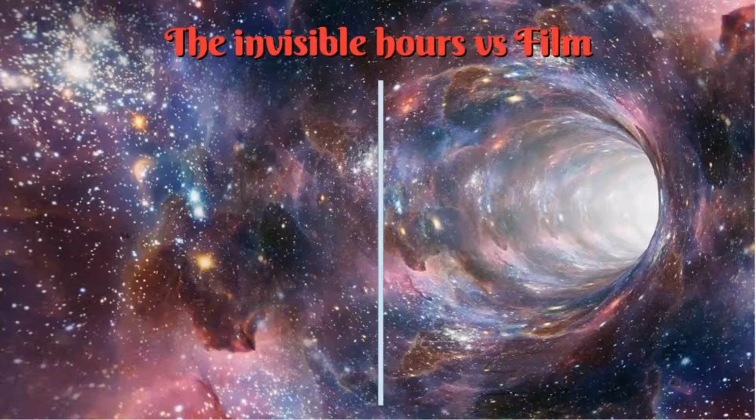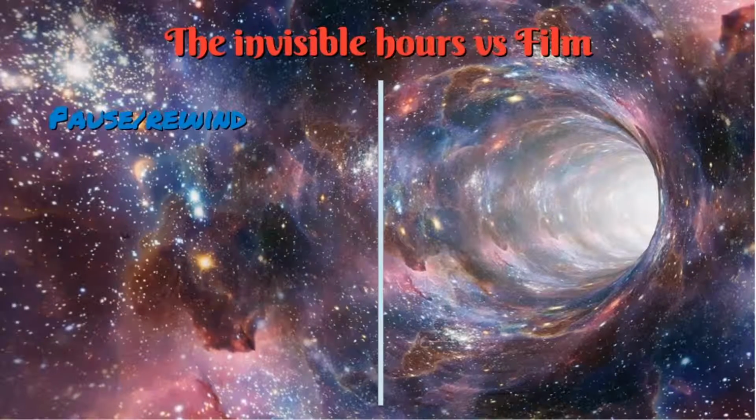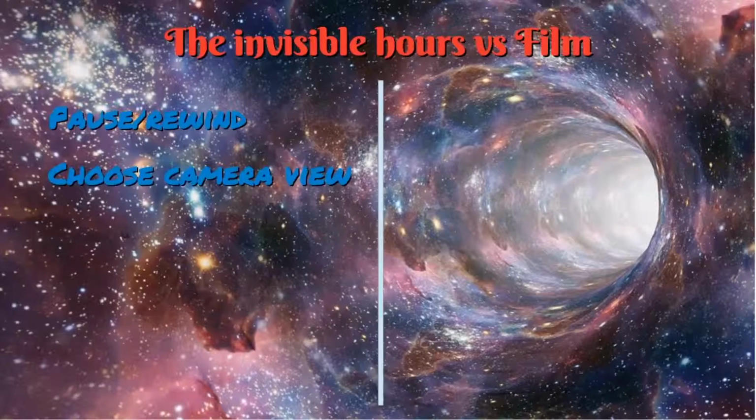Now let's compare The Invisible Hours with a real movie. Within The Invisible Hours, you can pause the movie, you can also rewind it, you can choose the camera view. Of course, that's something you may want to do, to pause and rewind if you are watching a real movie and you've recorded it.